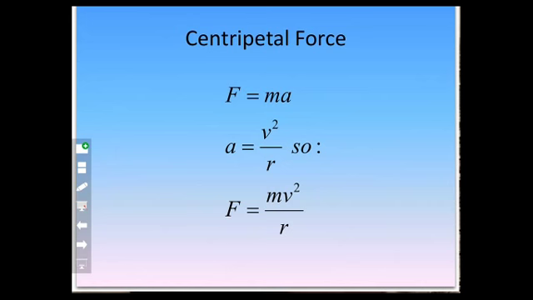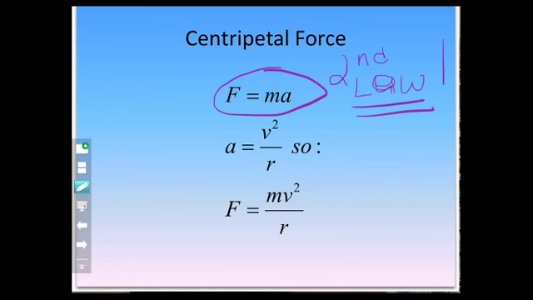Force is equal to mass times acceleration, just like before, and this comes straight from Newton's second law. This is our second law equation. But in this case, we have a specific acceleration: centripetal acceleration.